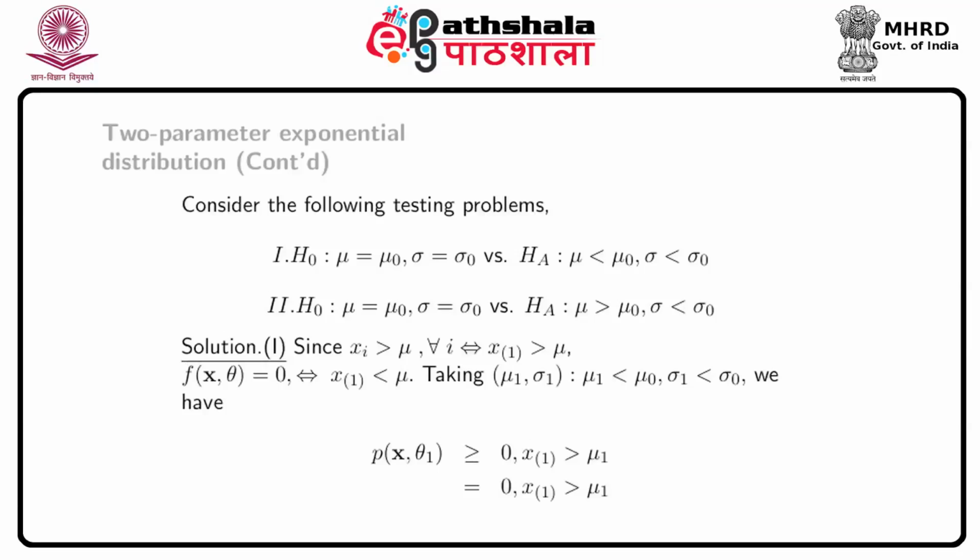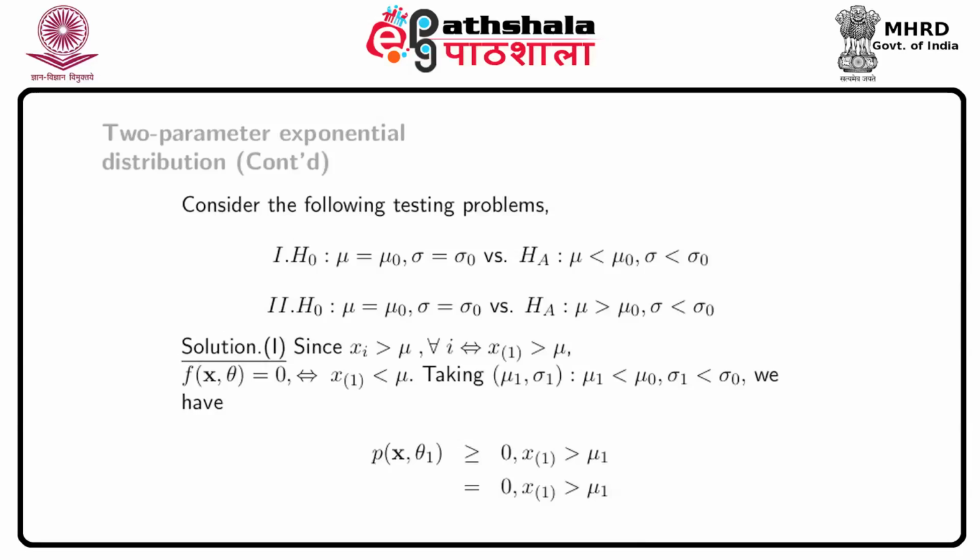Since xi is greater than or equal to mu for all i, we have x(1) greater than or equal to mu, and hence f(x, theta) = 0 is equivalent to x(1) less than mu. Taking mu1, sigma1 such that mu1 is less than mu0 and sigma1 is less than sigma0, we have p(x, theta1) greater than 0 whenever x(1) is greater than mu1 and 0 whenever it is less than mu1.